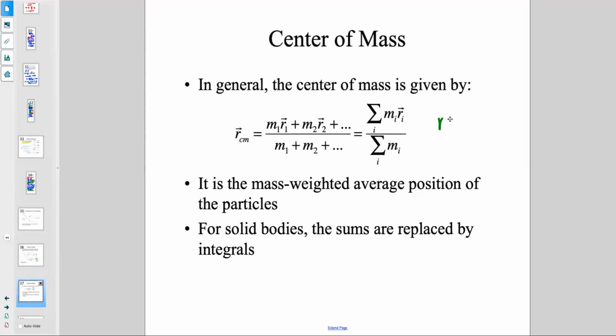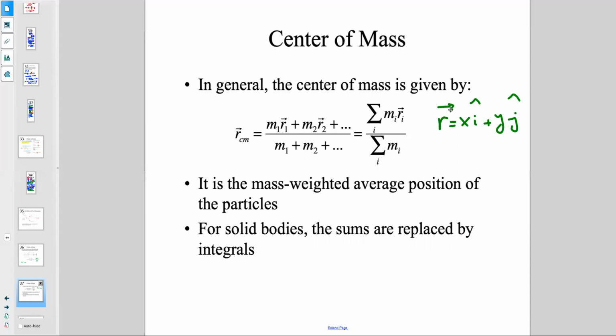If you remember, r was xi plus yj, and that would be your vector r. So a position of a particle in a system could have an x value and a y value associated with it. So it is the mass weighted average position of the particles when we're talking about the center of the mass.